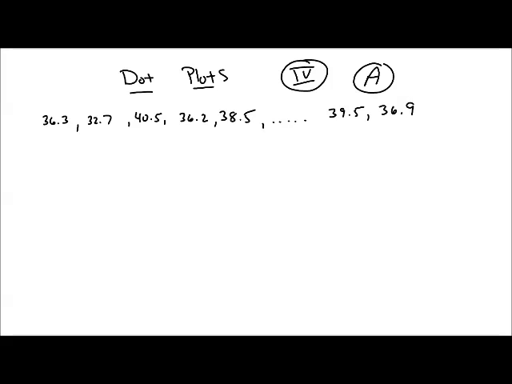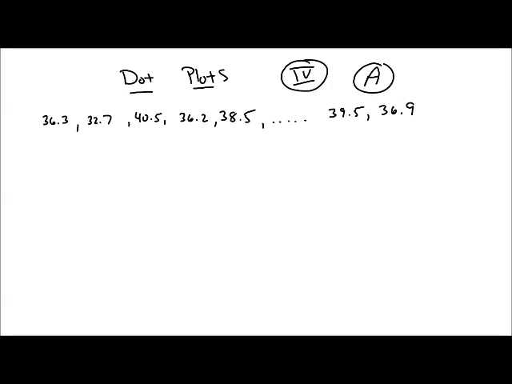Now, if I am going to make a dot plot on this, it's kind of difficult to do it with decimals. Okay? A dot plot does better for whole values. Now you can do decimals if you don't have that much of a decimal range, like going from 36 to 37.